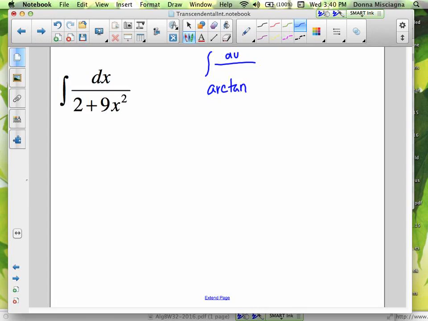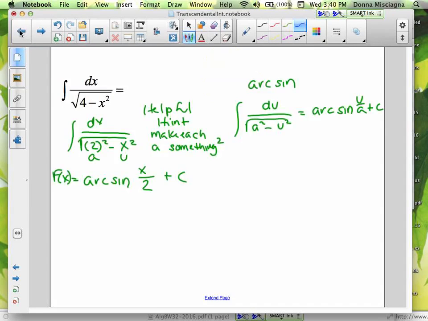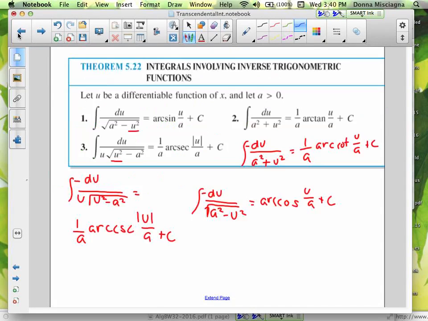All right, so it'll be du, and this a squared plus u squared is going to be arctangent. I always have to double check to make sure I don't put the u's and a's backwards. So for arctan, it's going to be u over a, but they're going to have a coefficient in front, 1 over a.